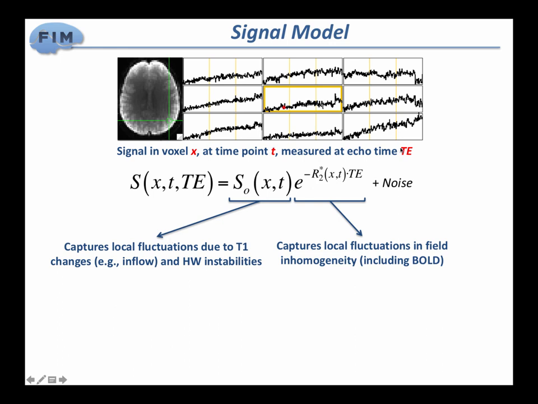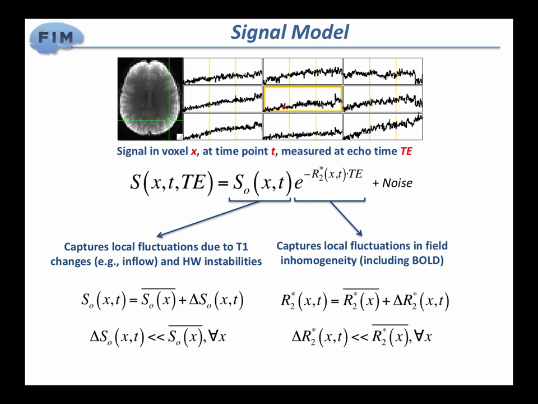And then we have in the exponential a second component that depends on position and time, but as you can see, it's multiplied by the echo time, and we'll see how this is important later. That captures fluctuations in field inhomogeneity, which includes BOLD fluctuation, which basically includes the changes in the signal that are somehow related to neuronal activation.